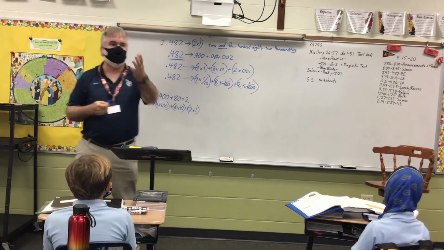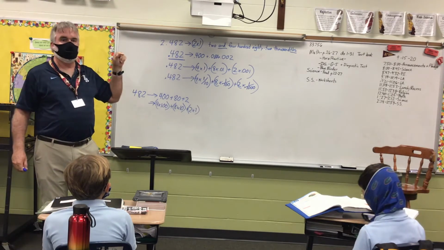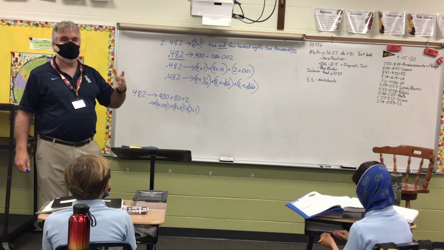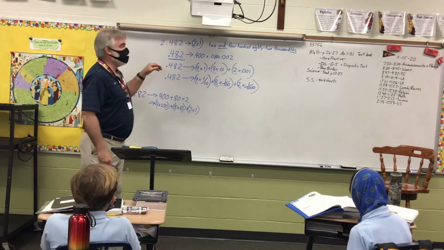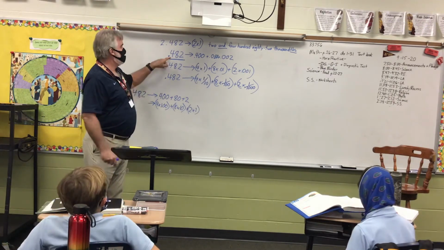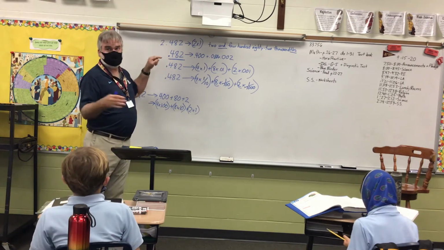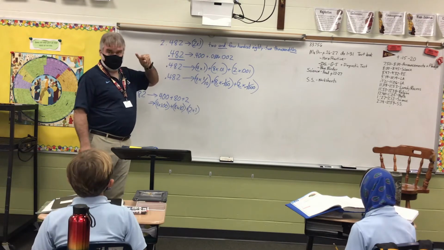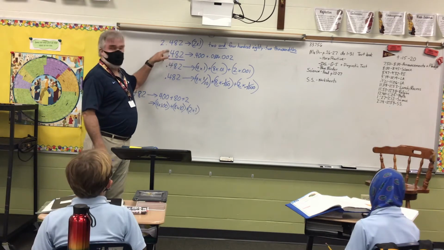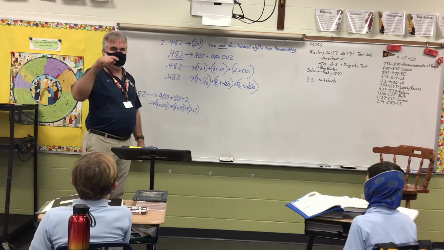Because if I sat and asked you what this number is, you just told me 482 thousandths. You didn't tell me this is 4 tenths, this is a tenths column, 8 hundredths. Remember, there isn't a ones column, 1 THS.